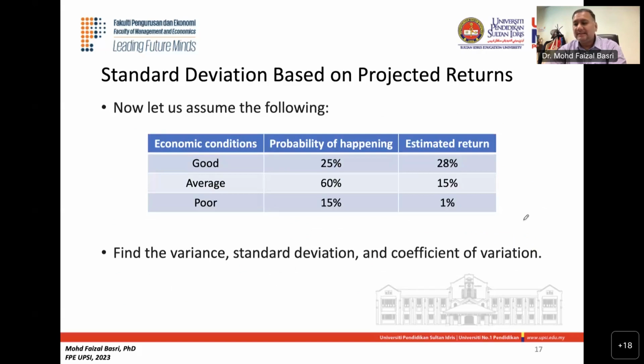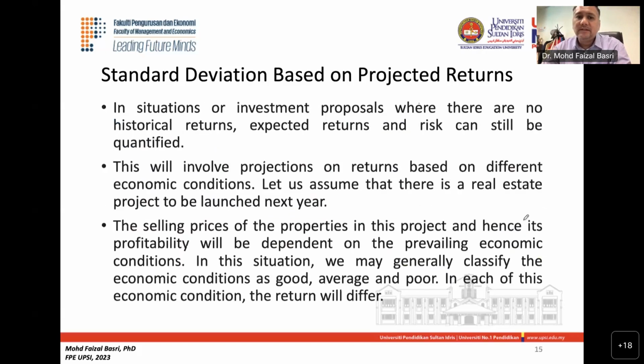This is another set of questions whereby instead of giving historical returns, there are some situations whereby we don't have that information. In a situation whereby there are no historical returns, maybe because this investment is new, for example, they don't have historical information. So how to measure the risk?